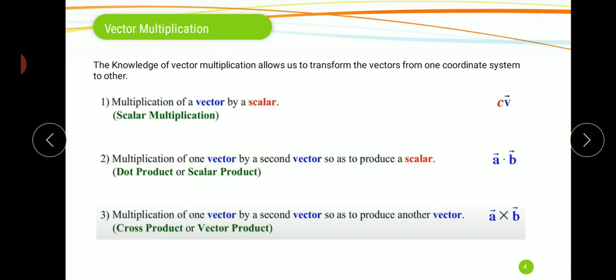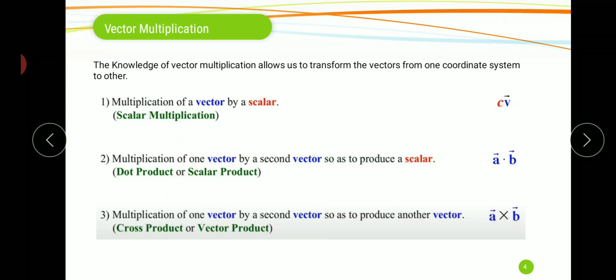One is multiplication of a vector by a scalar, that is C into V bar, and another type is multiplication of vector by vector, which produces a scalar. Here the vector by vector dot product is very important. For example, take two vectors: i plus j plus k, and 2i plus 2j plus 2k.